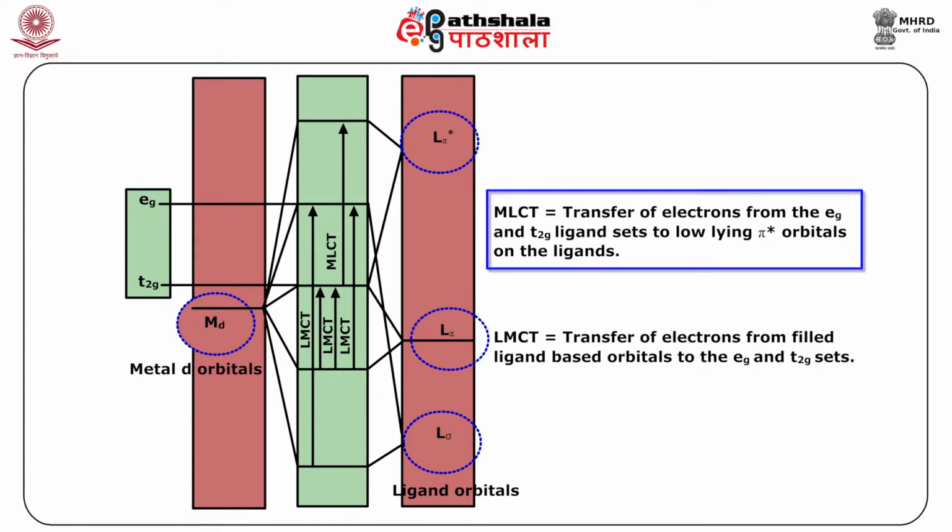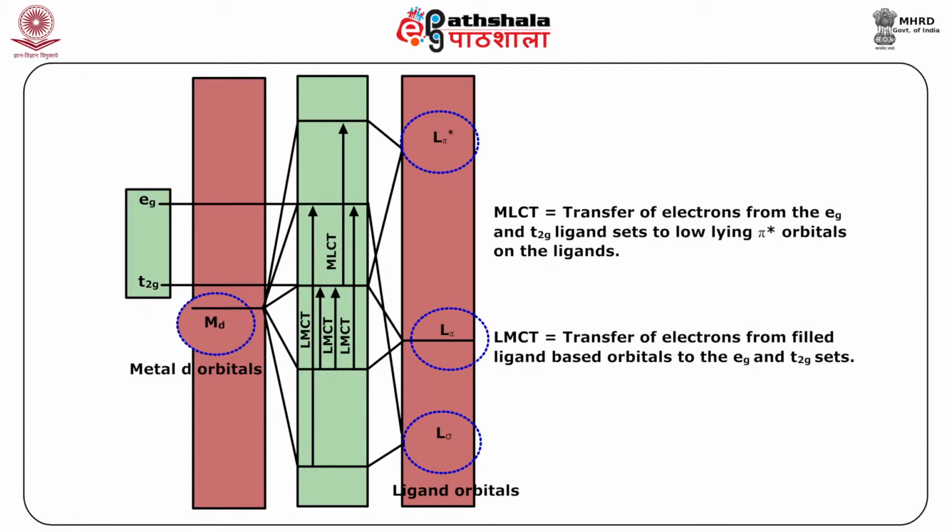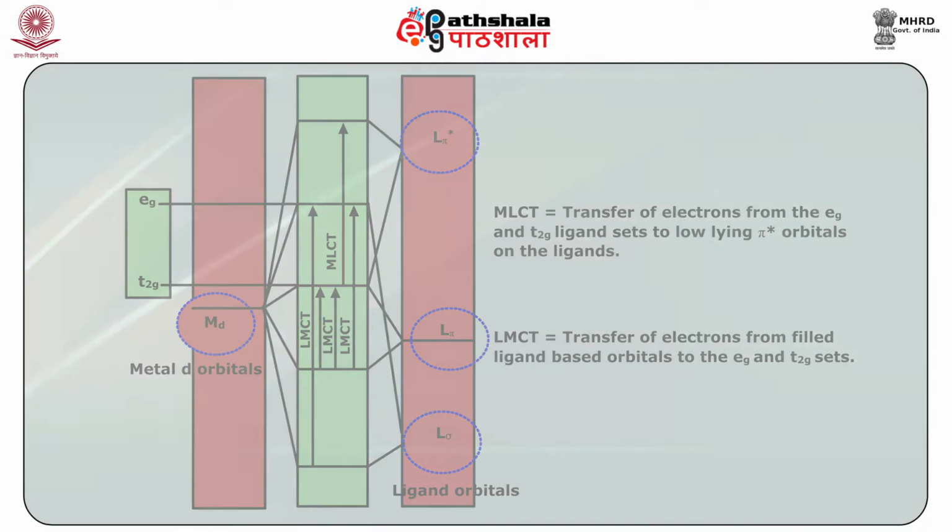The other way round is the case of MLCT transitions. The transfer of electrons occurs from the molecular orbitals that are mainly on the metal to the empty pi star orbitals on the ligand, which are comparatively higher in energy than the metal orbitals. The comparative relationship between the two has been shown in the figure.